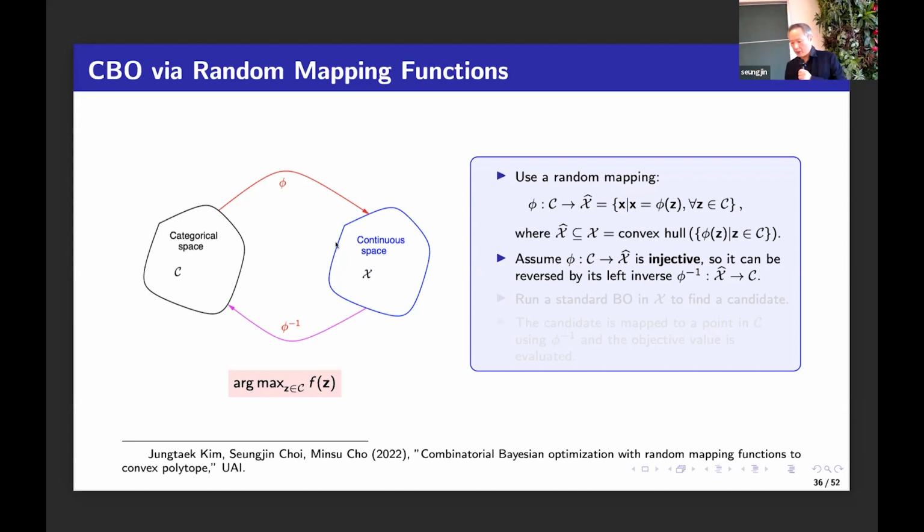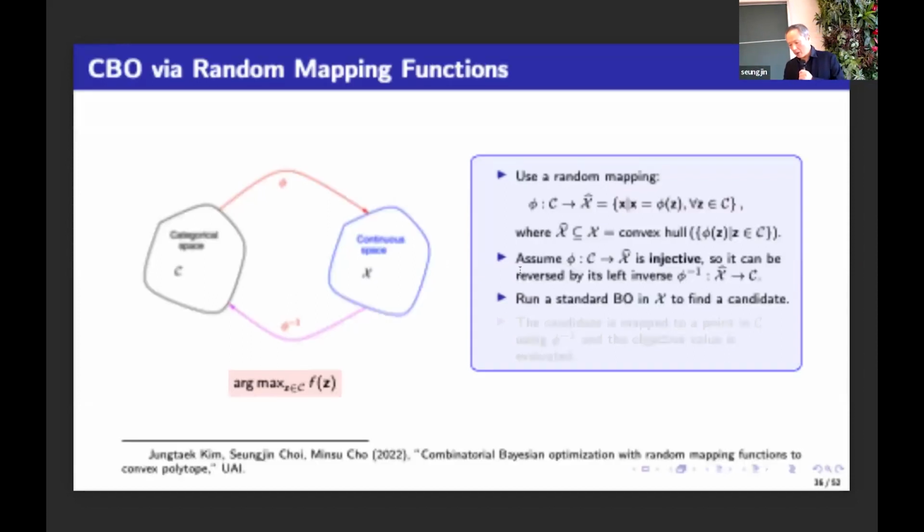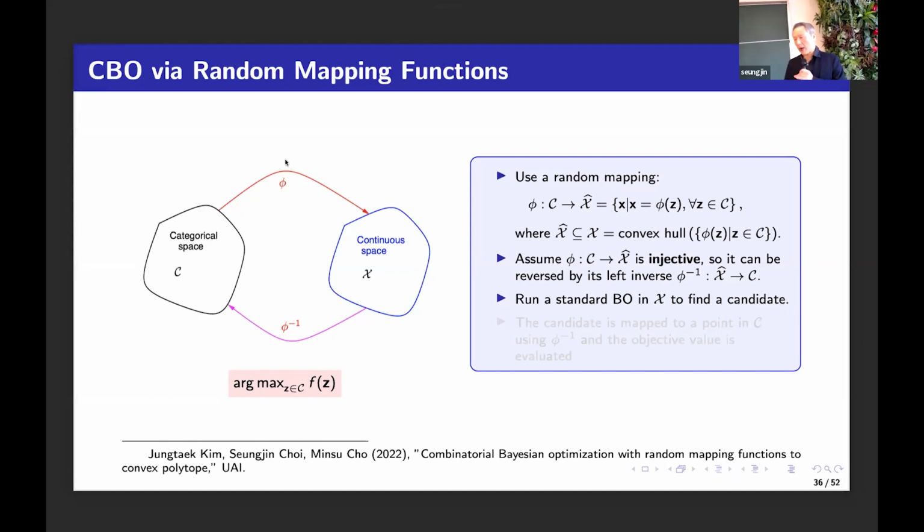If you embed your data into a continuous space by random projections, the embedding space is continuous and hopefully of low dimension, so that we can easily apply standard Bayesian optimization.